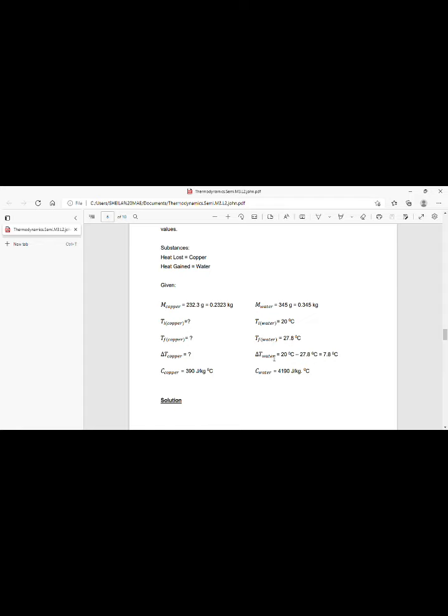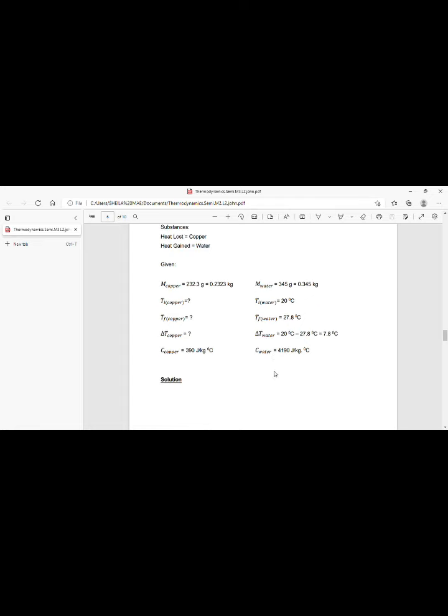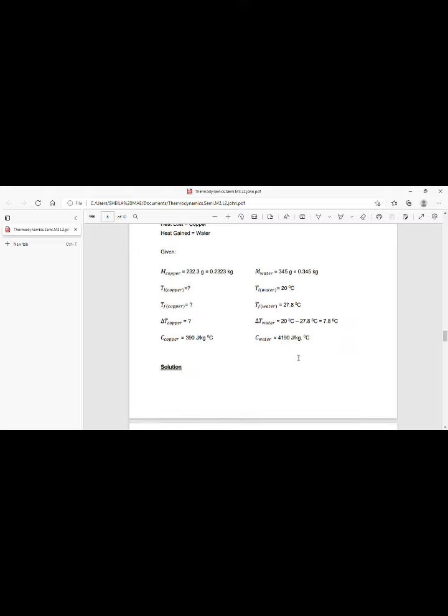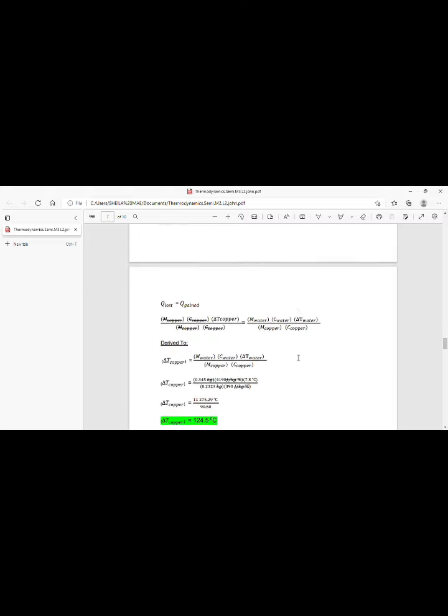The change in temperature of the water, which is the delta T, is 20 degrees Celsius minus 27.8 degrees Celsius, initial minus final temperature, so that we can come up with our change in temperature, delta T, of 7.8 degrees Celsius. The specific heat of the water is 4,190 joules per kilogram degree Celsius. We're going to proceed to our solution. The Q loss equals Q gain.